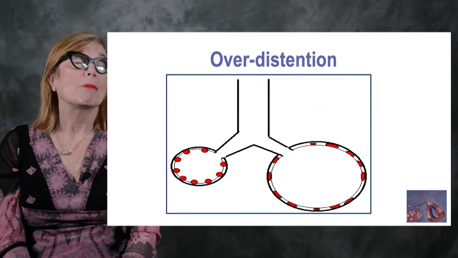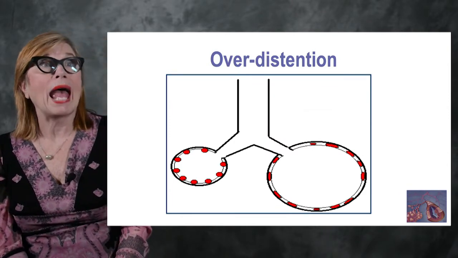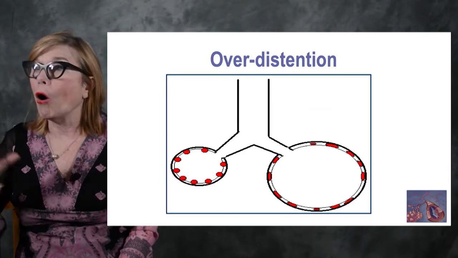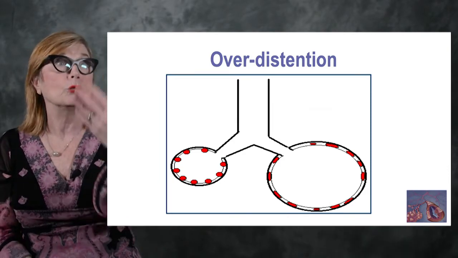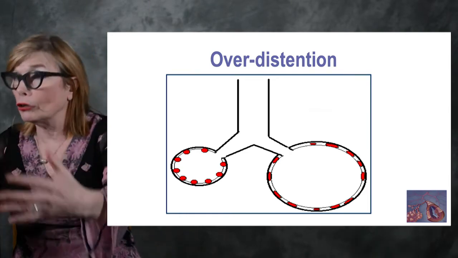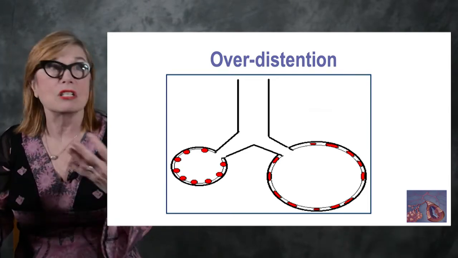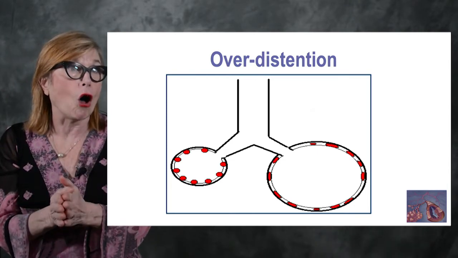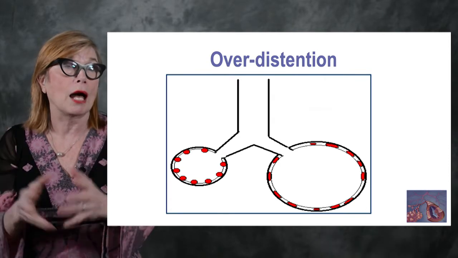Okay, now the problem here is that when you have loss of alveoli, all your volume of gas goes to your open alveoli and over-distends them, which then causes overstretch, causes stimulation of inflammatory mediators, and can actually cause a loss of your functional alveoli.